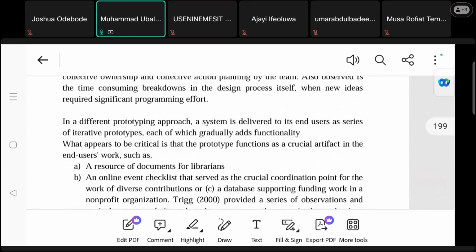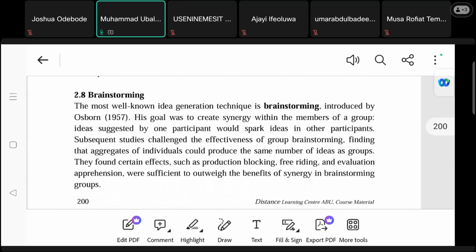Brainstorming. I believe the word brainstorming is not a strange word to all of you. I'm very sure you must have come across the word once or twice in your life.